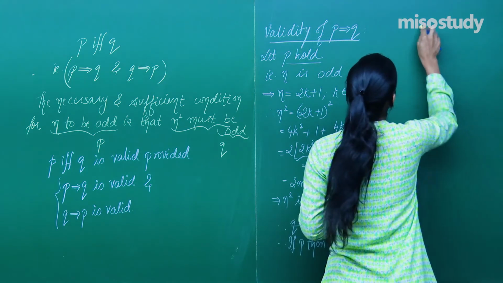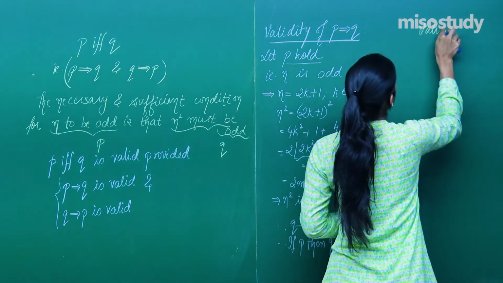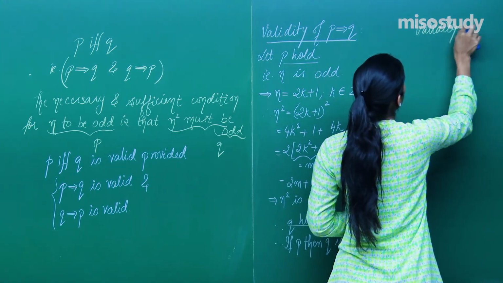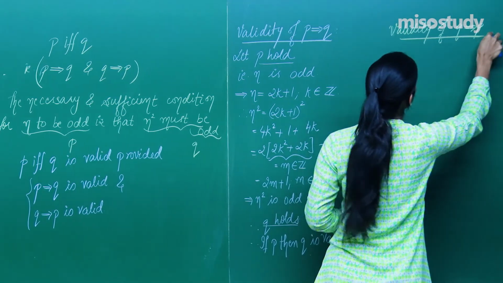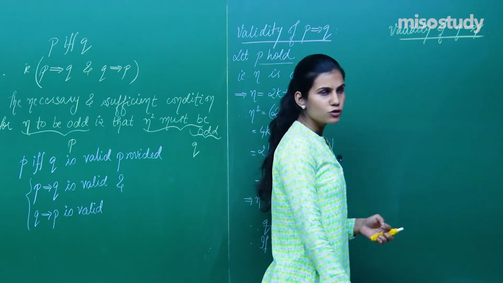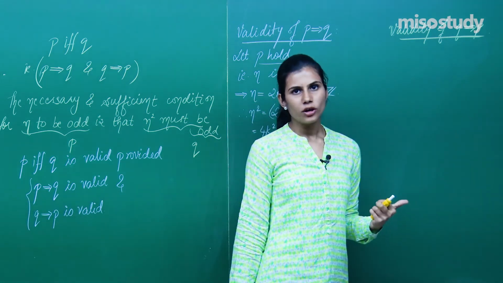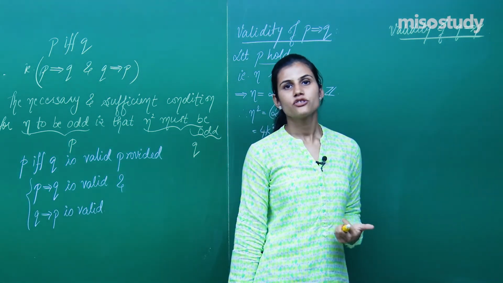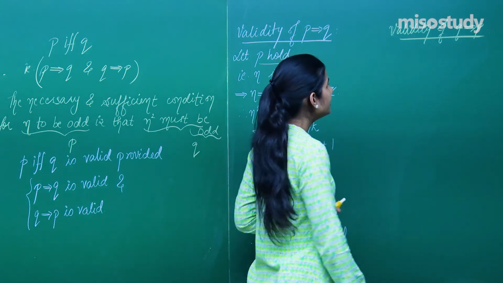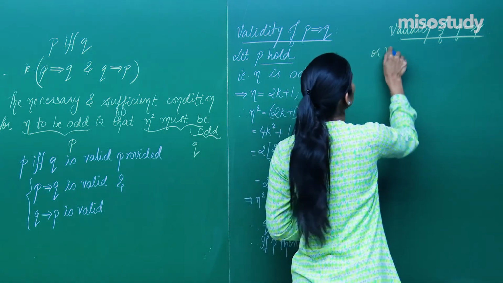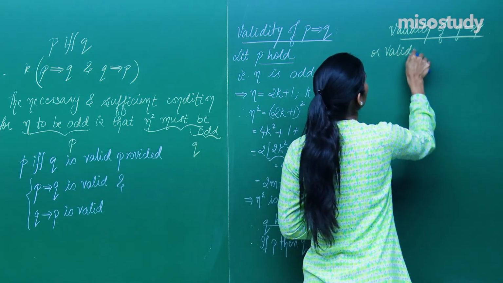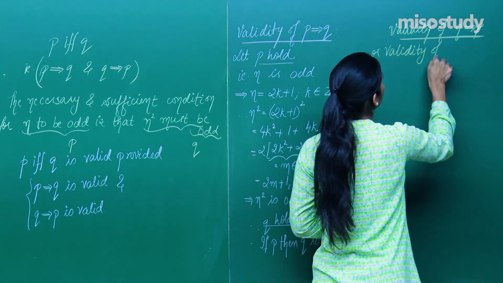So next we have validity of Q implies P. I have to show if n square is odd, then n is odd is a true statement. So either show Q implies P is true or show its contrapositive is true, it is the same thing.